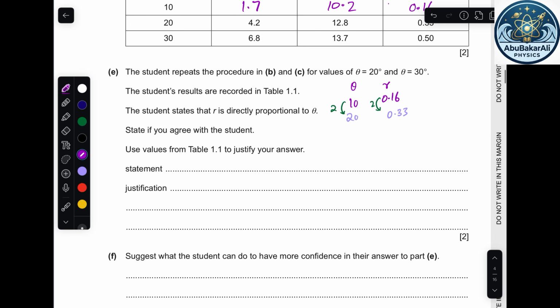So the statement will be yes, increasing theta is also increasing R with the same ratio.